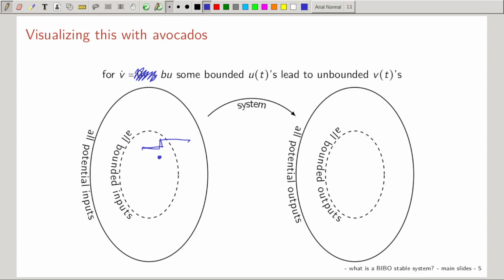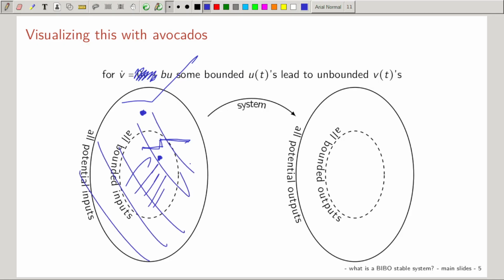Okay, this one is a bounded input and I put it here. If I take as an input this signal here, this signal will be here. Are you seeing my drawing? I have the first avocado where I have bounded inputs, all the inputs. That means unbounded inputs. Together?